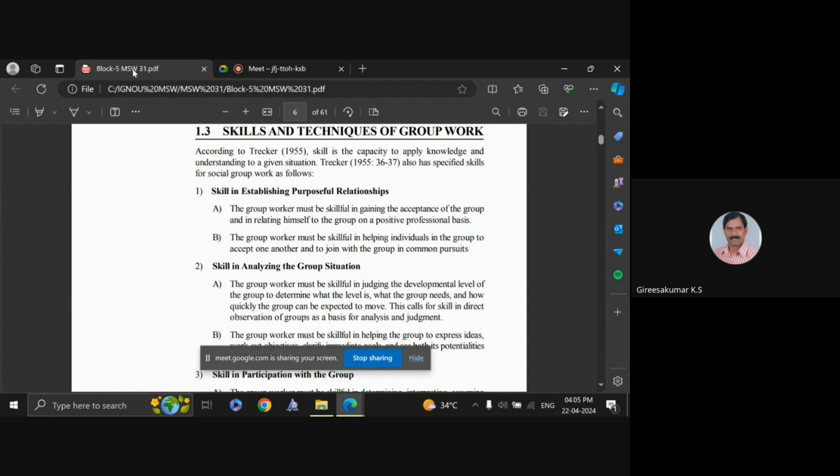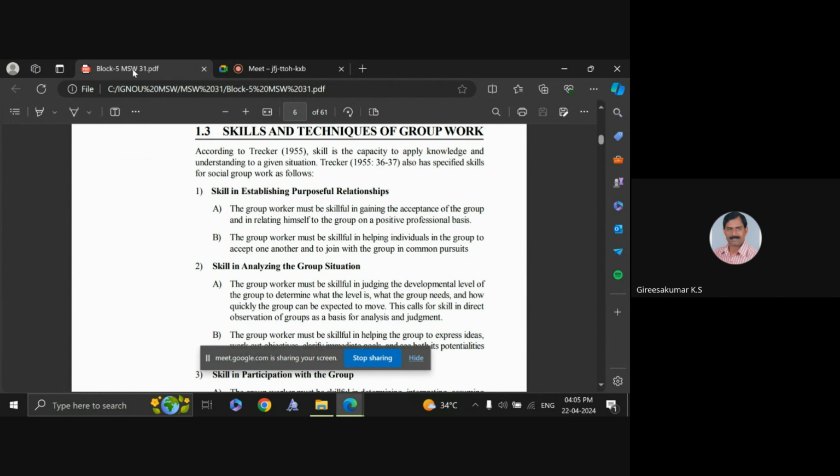Hence, some skills and techniques are very much necessary, without which they won't get the result. That is, the aim is to solve an issue. Okay. The skill of establishing purposeful relations.